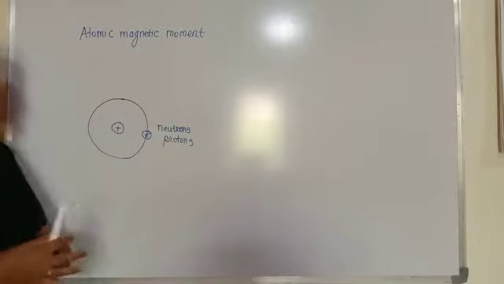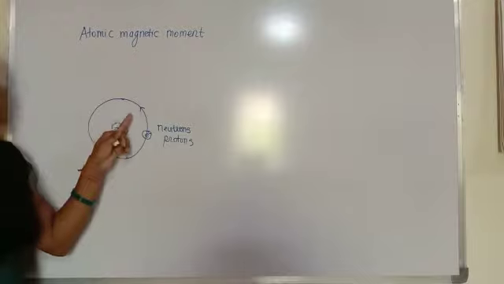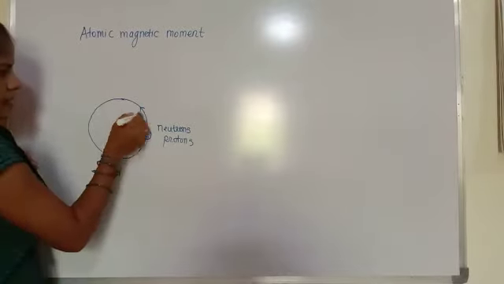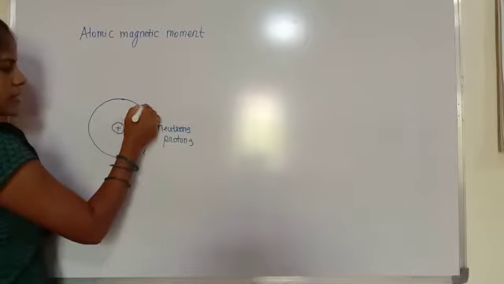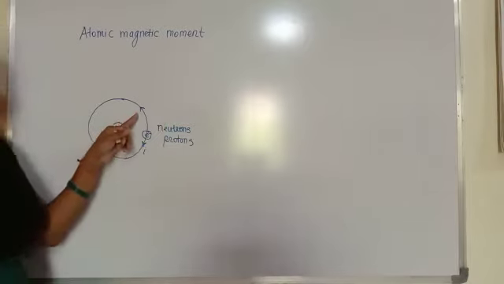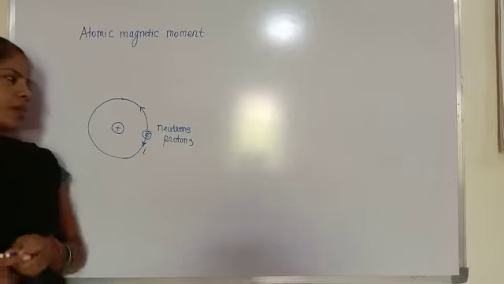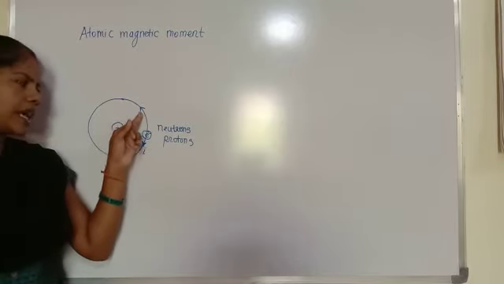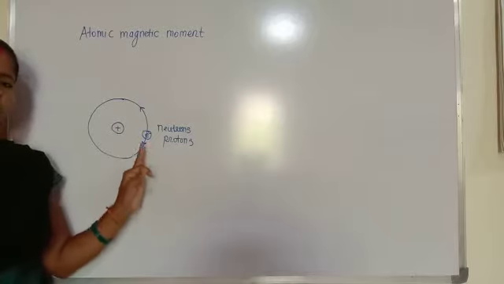As the electron moves anti-clockwise, the current flows clockwise, so it is the equivalent position.